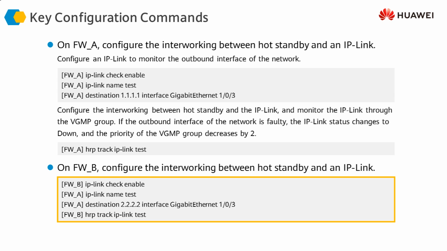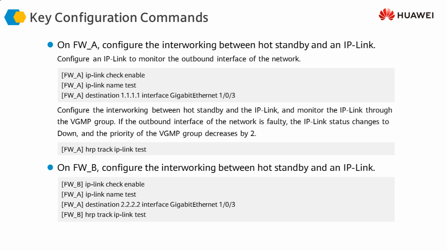We enable the IP link feature, we create an IP link with the name test, then we define the destination address of this IP link and the outgoing interface, and then we link this IP link feature with the VRRP and VGMP feature using the hrp track ip-link test command. Once again, as I said earlier, we'll be discussing the VRRP, VGMP and HRP features in detail when we discuss the hot standby feature on the firewall.